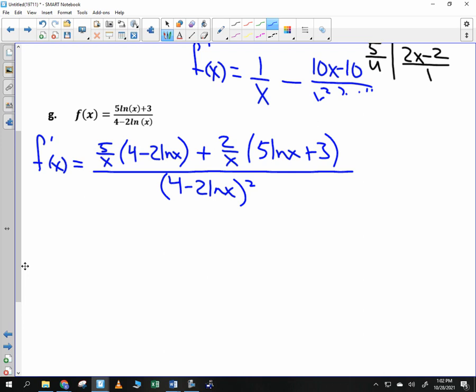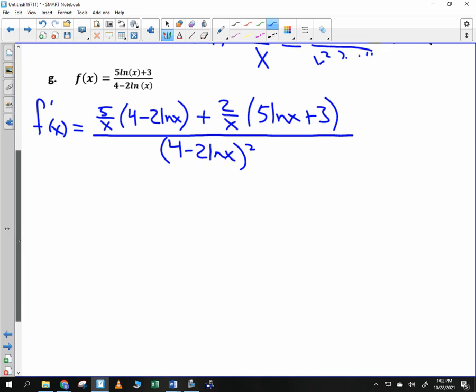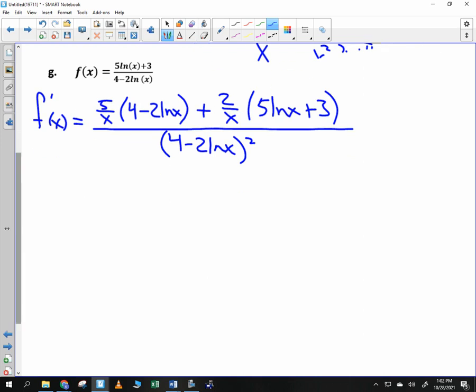It looks kind of bad, doesn't it? Yeah, exactly. You're going to see some things cancel out. Let's watch if some things cancel out. I'm going to leave the 1 over x out here. I'm just going to distribute the 5. Okay?